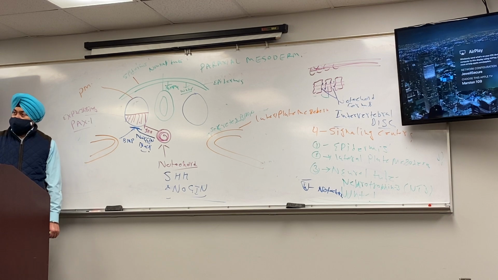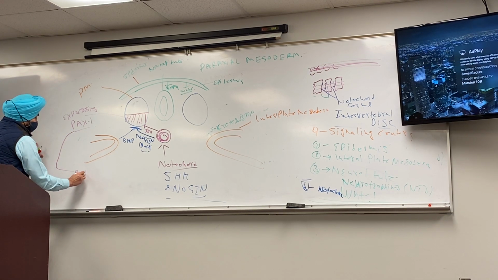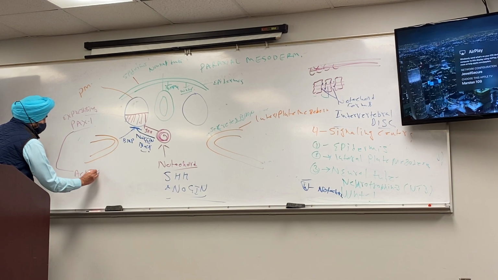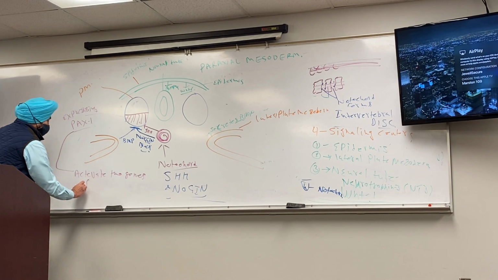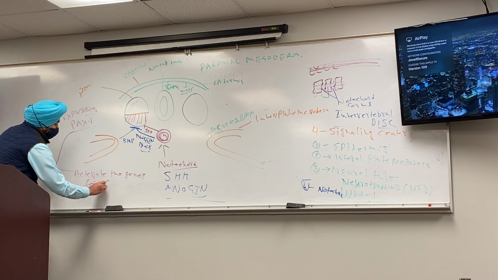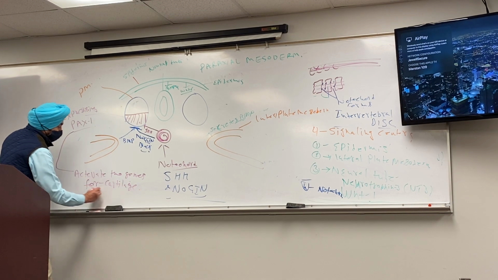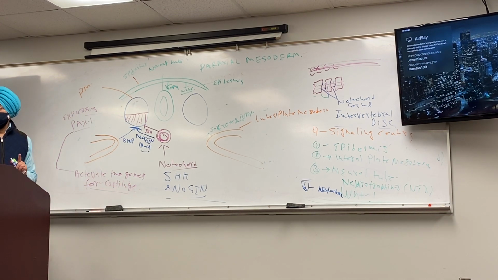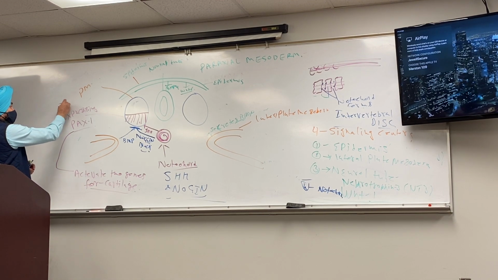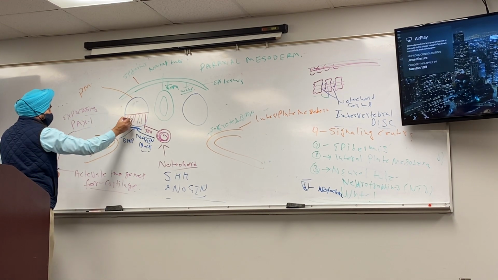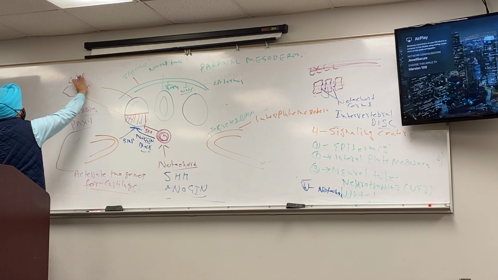Now what PAX1 does, PAX1 activates the genes for cartilage. So, because of that, this area becomes sclerotome.